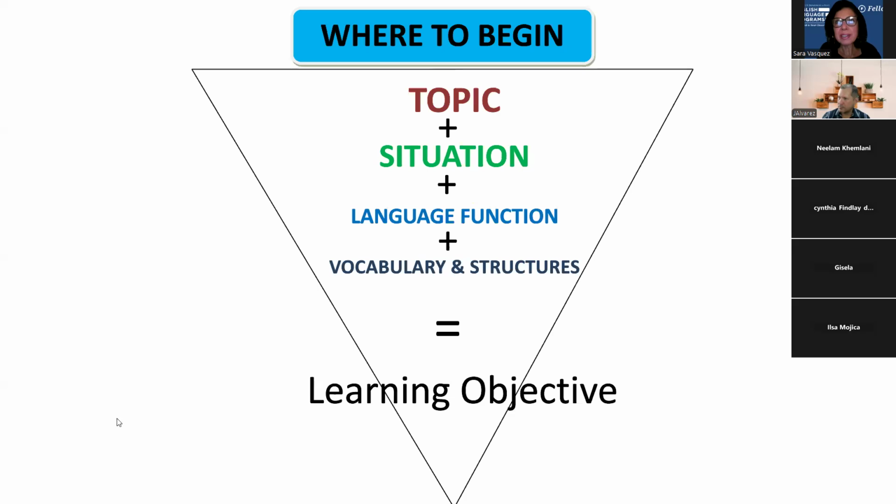To use what? To do what? In what context? So let's give them a minute or two to come up with their own, and we'll just have you share them after this in the chat box.